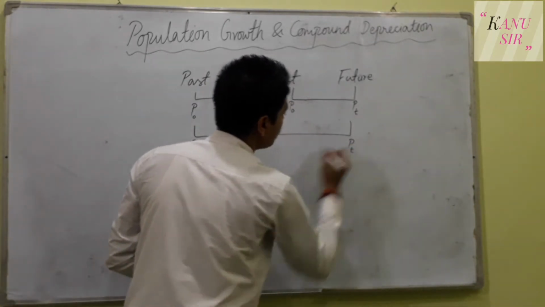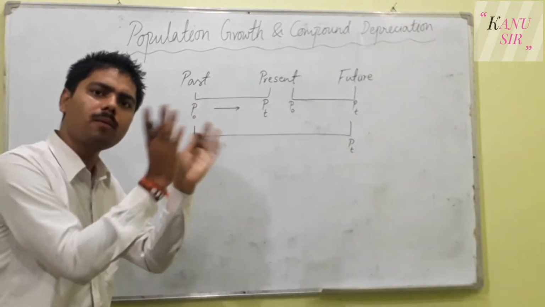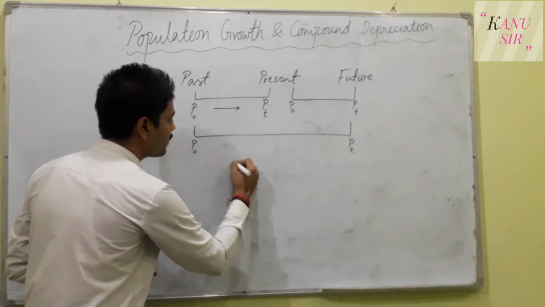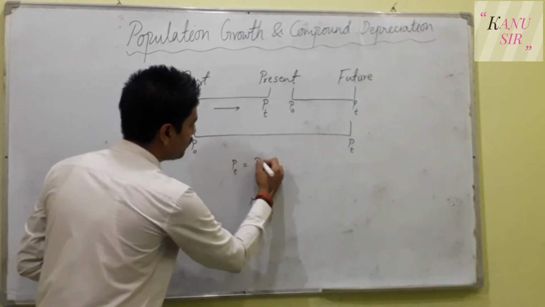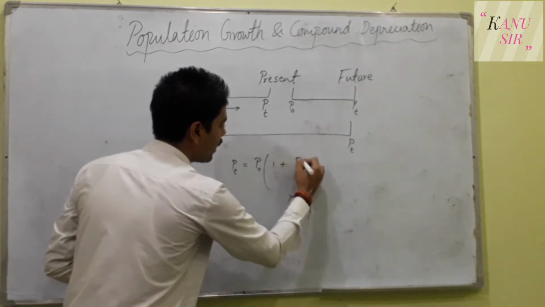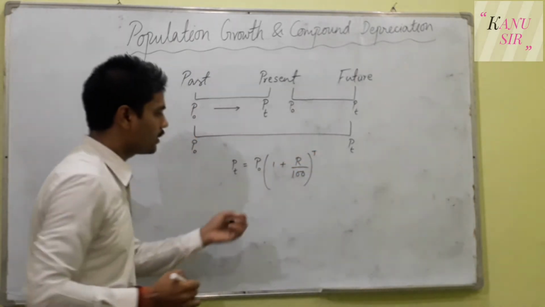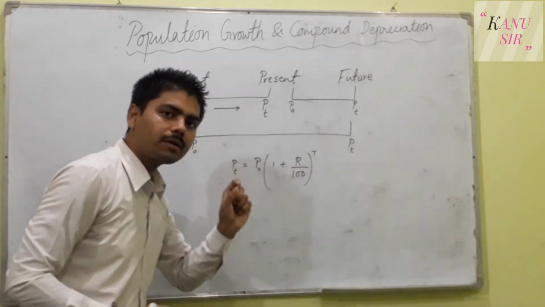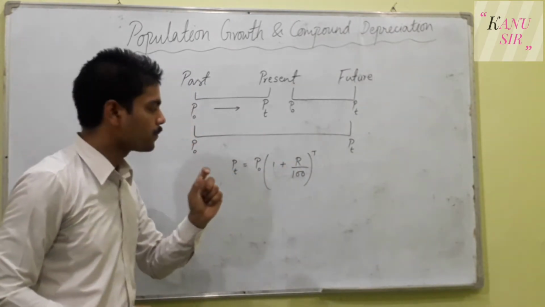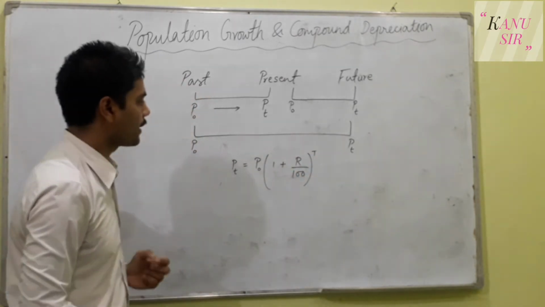Now, by using the same logic of compound interest, population PT is equal to P0, the initial population, times 1 plus R by 100, to the power T. Here R is the rate of increase of population in a certain period of time.